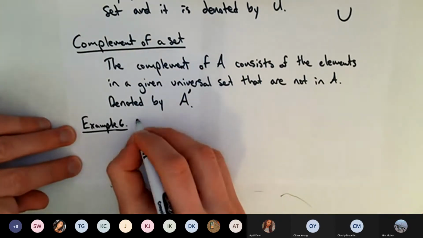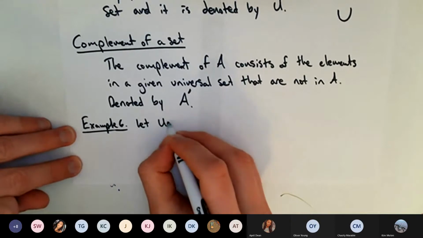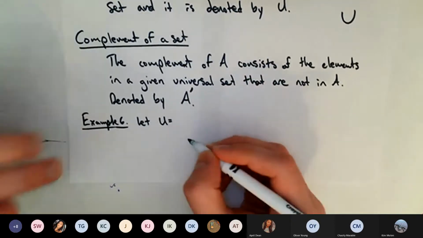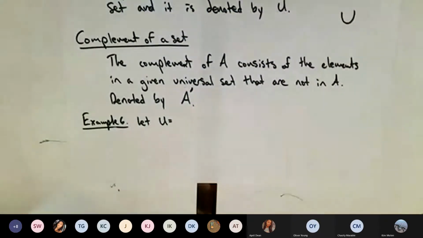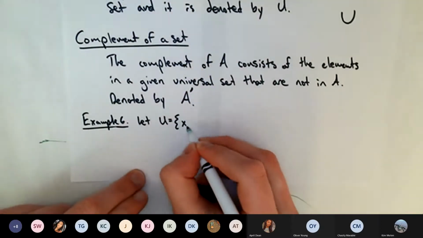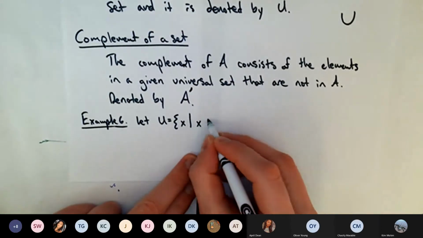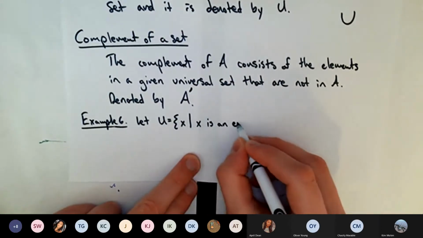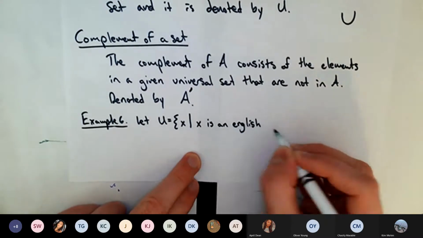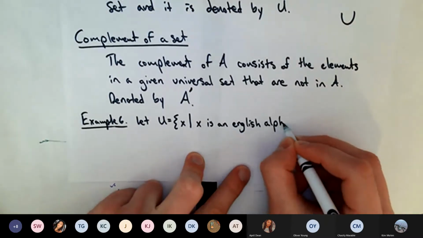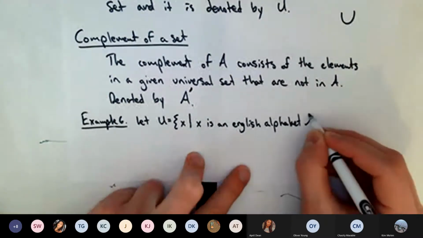Example 6. Let U equal the set of all elements X such that X is an English alphabet letter.